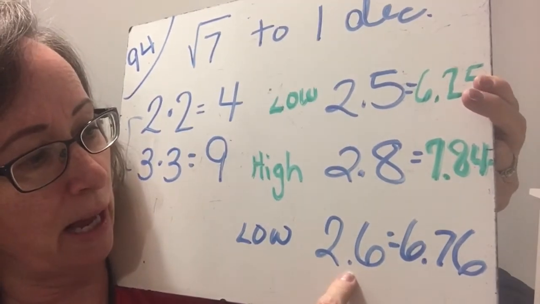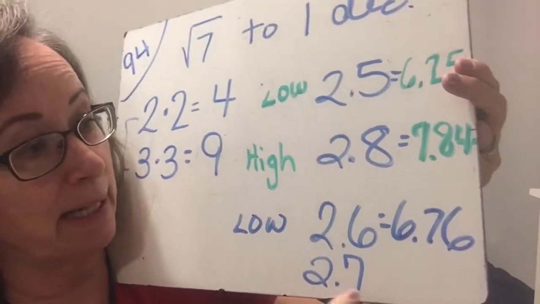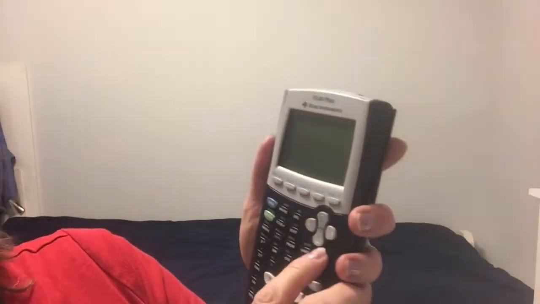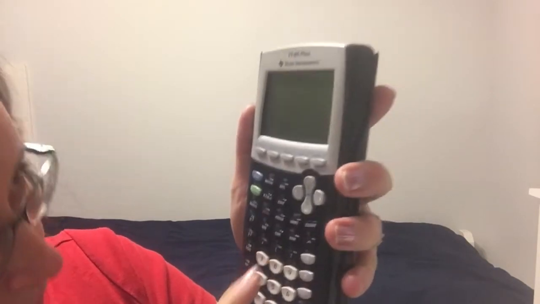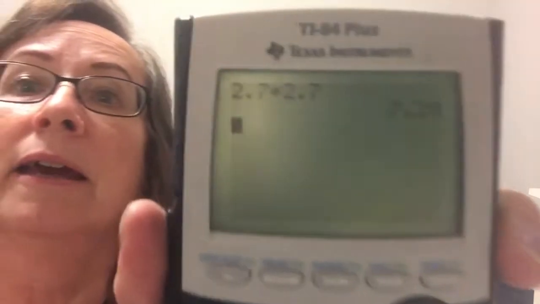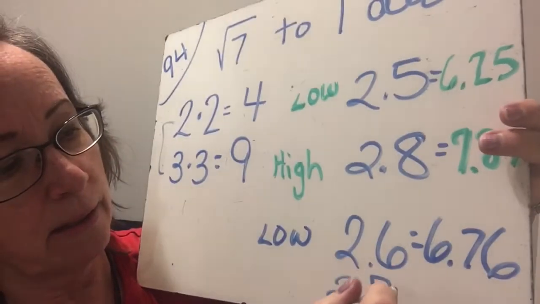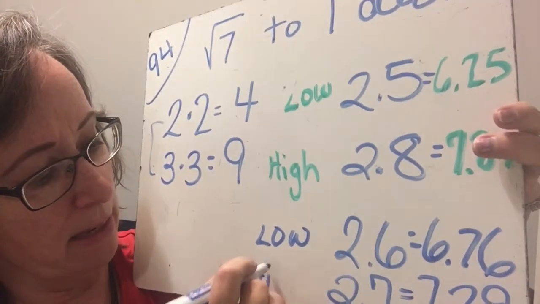We haven't tried 2.7, so I'm going to try 2.7 because it's in between a high and a low, so why not try 2.7? So we're going to do 2.7 times 2.7, and we get 7.29, and that is too high.